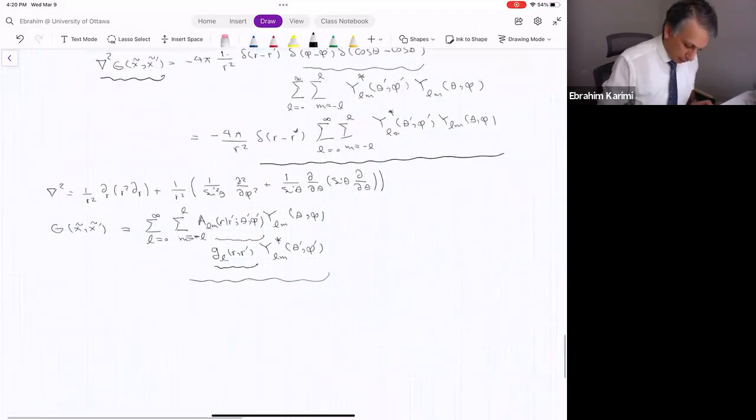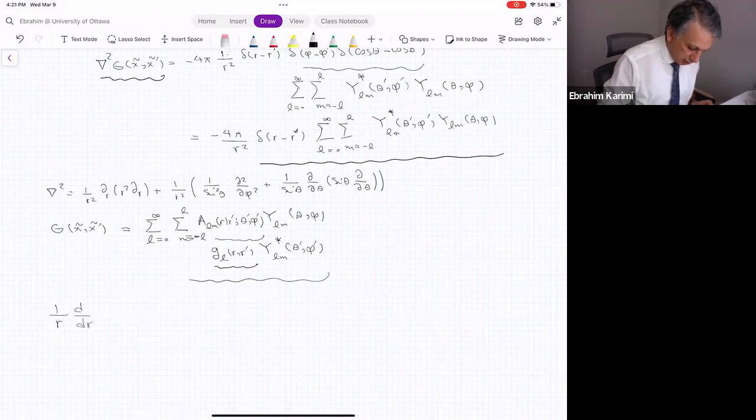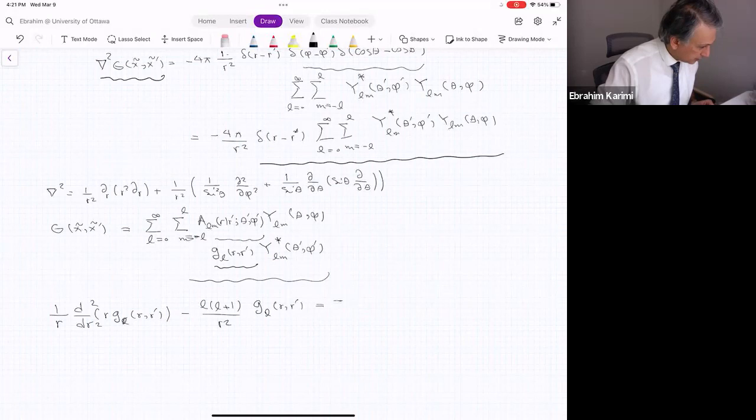Substituting inside of this equation, I will get the following expression: 1 divided by r, d dr squared of r g_L of r and r prime, second derivative of course, minus L times L plus 1 divided by r squared g_L of r and r prime, equal to minus 4 pi divided by r squared delta of r minus r prime.